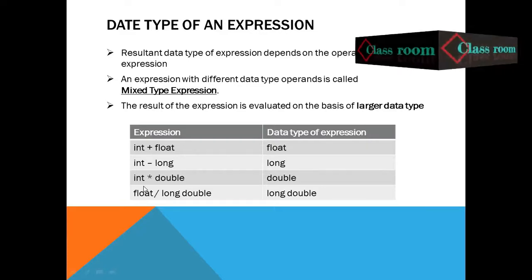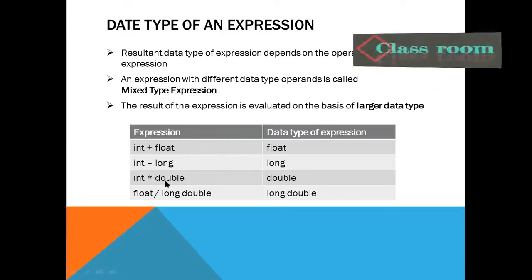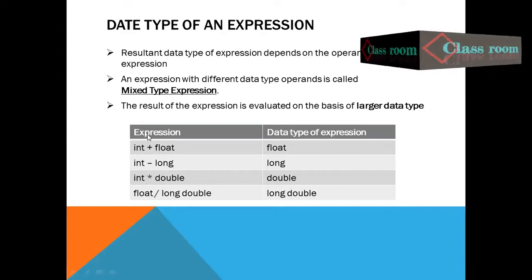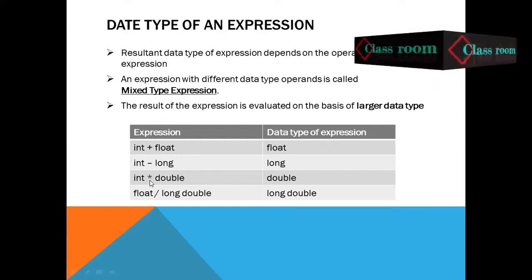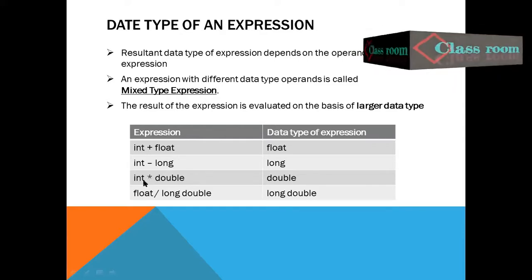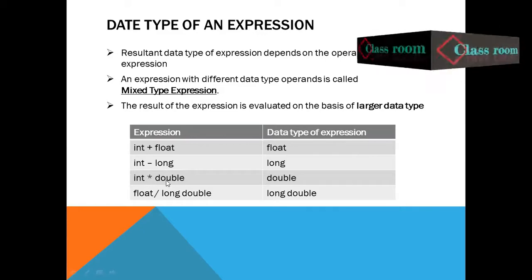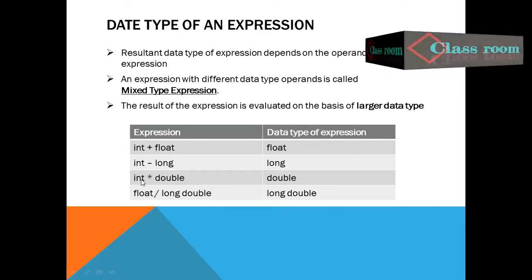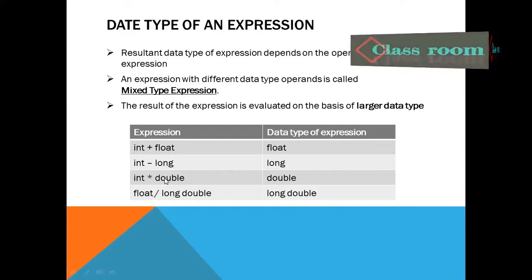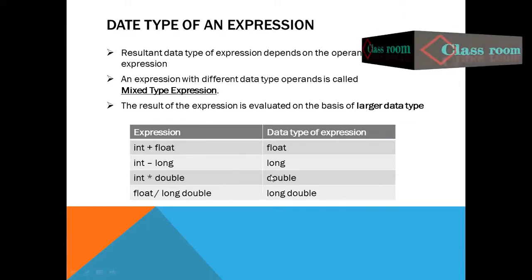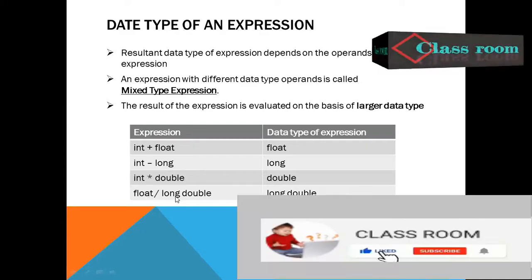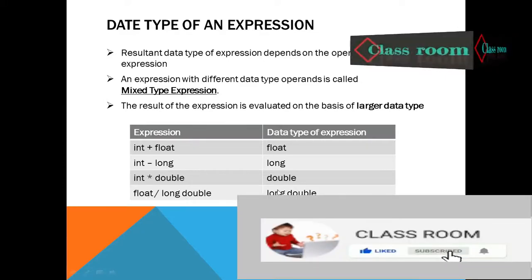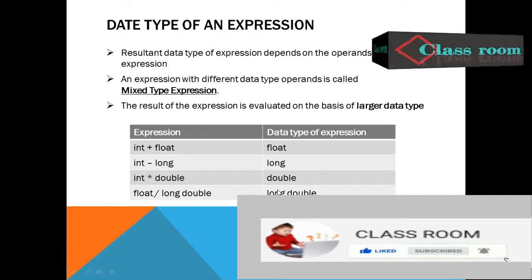If the expression has an operand of int data type and double data type, regardless of the operator, any operator can be used, but the operand data type matters, then the resultant data type of the expression will be double. If the expression has float and long double, then the resultant data type will be long double.